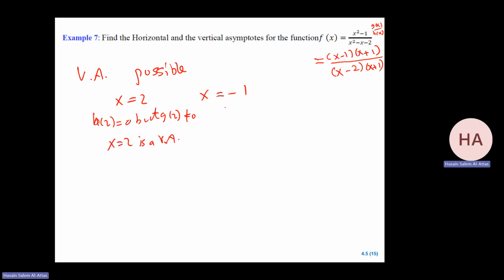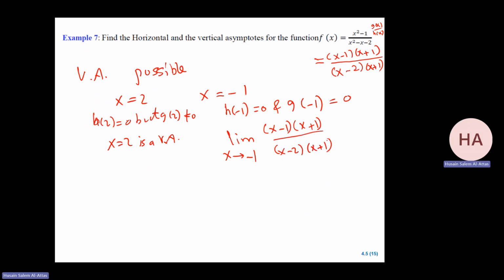Now in this one, I have a different thing. If h of minus 1 is 0 and g of minus 1 is 0, I cannot conclude. So I need to do what? The limit. See, the limit goes to a value or goes to plus or minus infinity. Actually, what will happen? This will be cancelled.